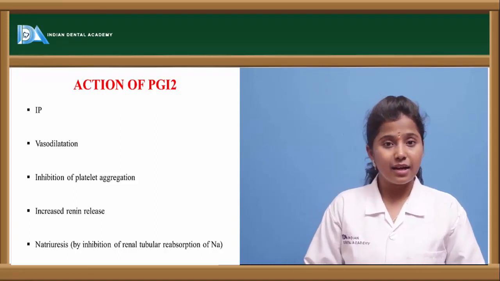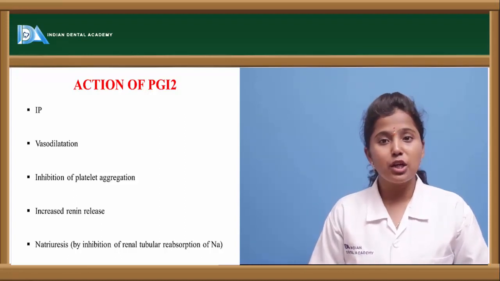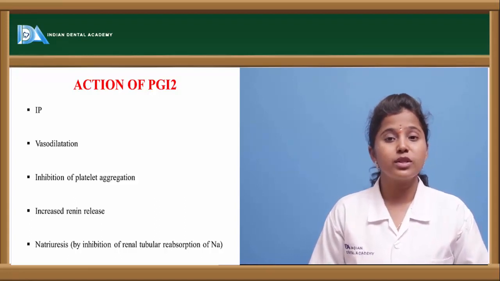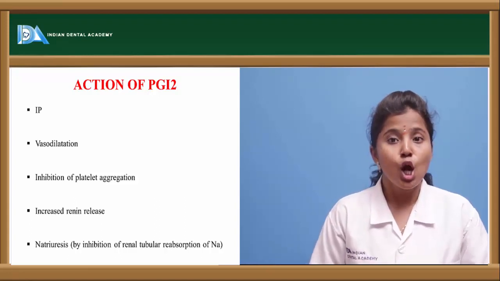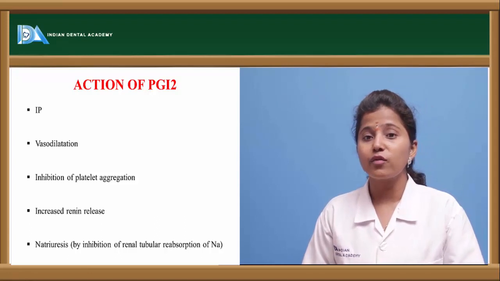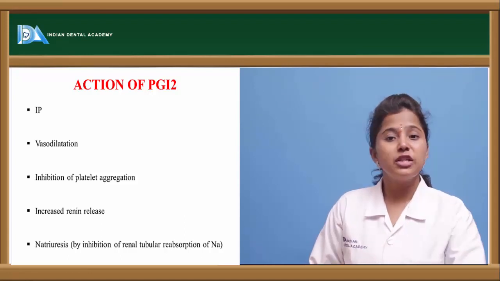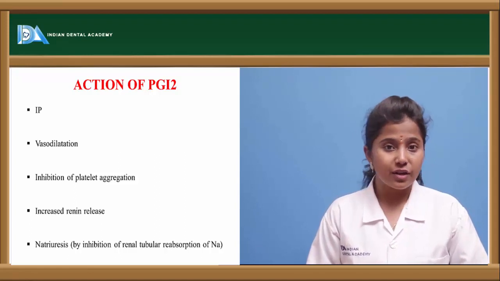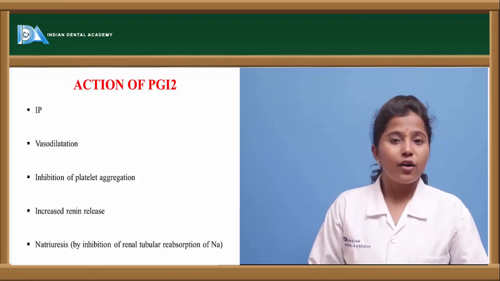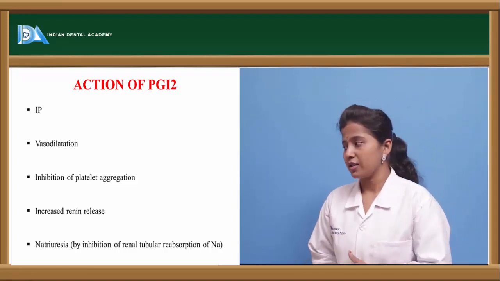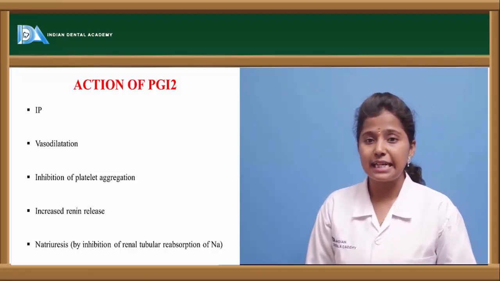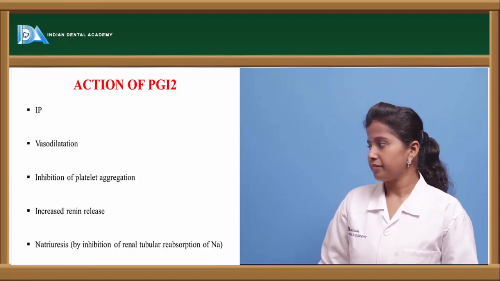This renin is useful in the conversion of angiotensinogen to angiotensin 1, which is a potent vasoconstrictor. So if a person is suffering from hypertension, then PGI2 is not recommended, because PGI2 potentiates renin release, where it potentiates vasoconstriction, and shows an action called natriuresis.